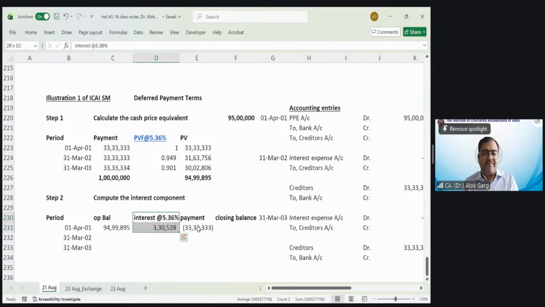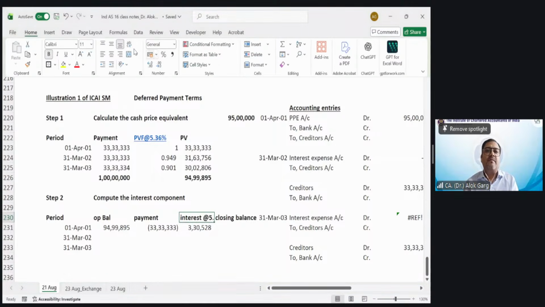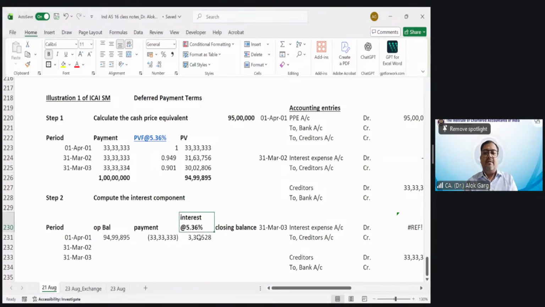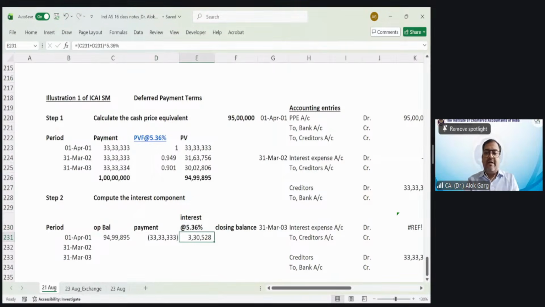Let me put the interest column here. Okay. So just a minute. So my interest will be on the opening day. It was 95 lakh rupees of payment, right?